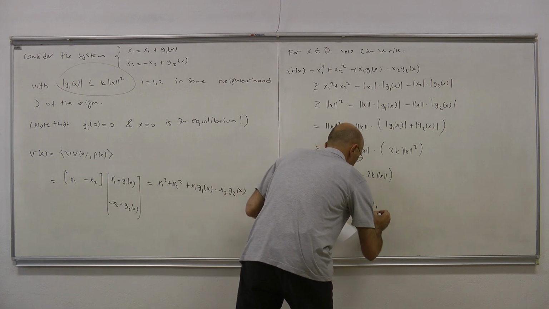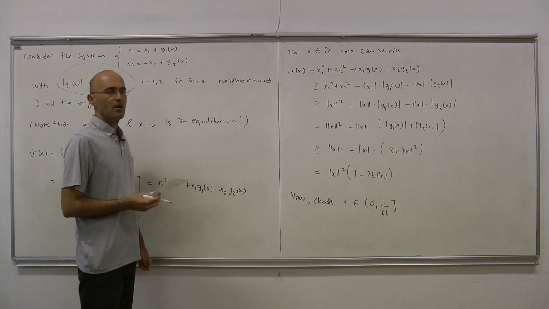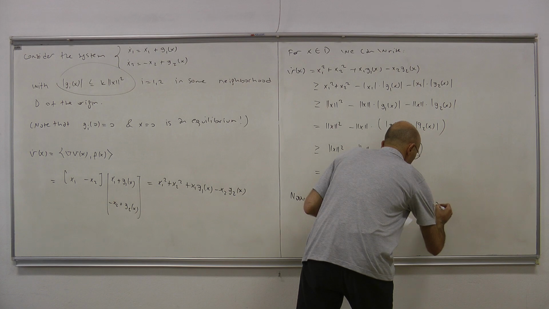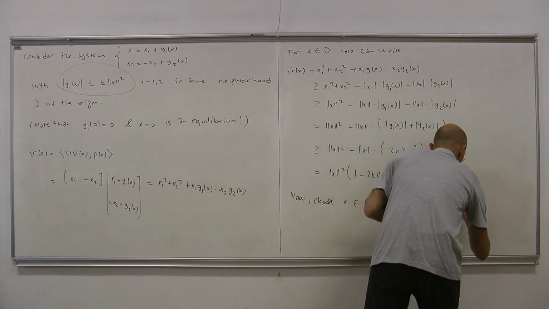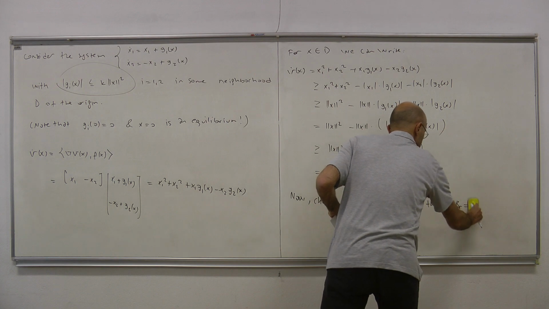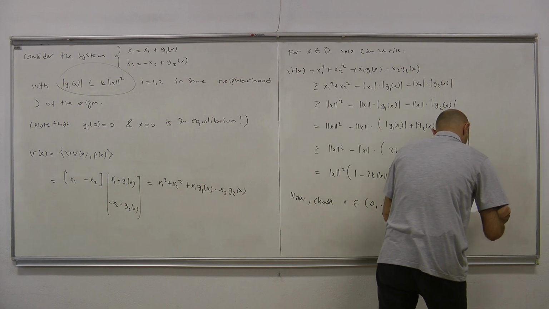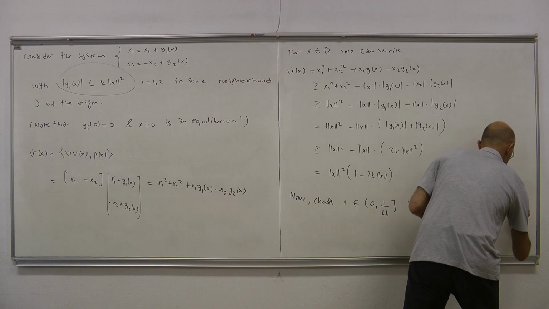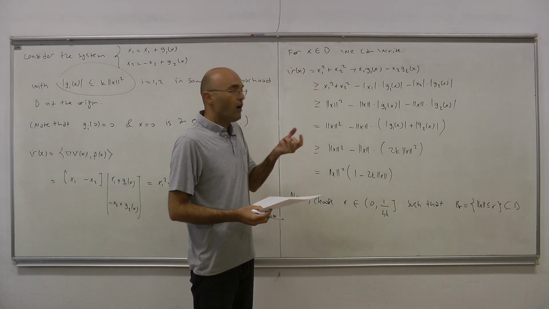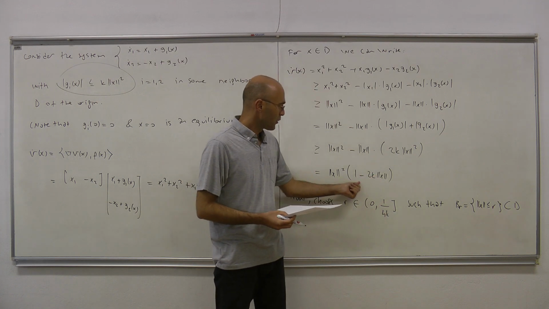That belongs to the following interval, greater than 0 but less than 1 over 4k, such that the R ball is within the neighborhood D. So we want R to be smaller than 1 over 4k, so that 1 minus that is greater than 1/2.